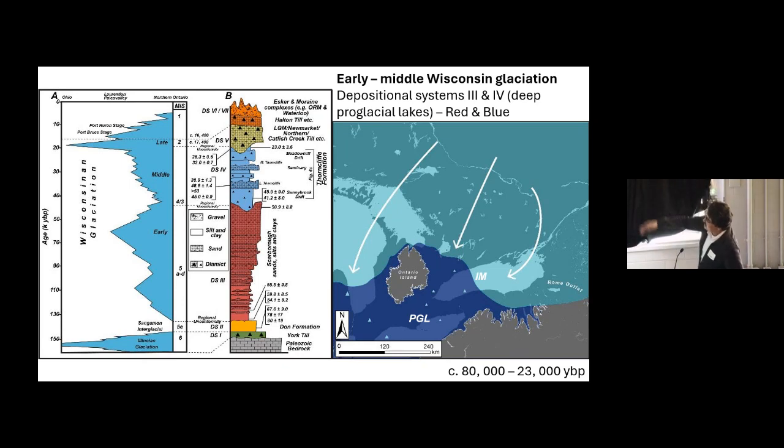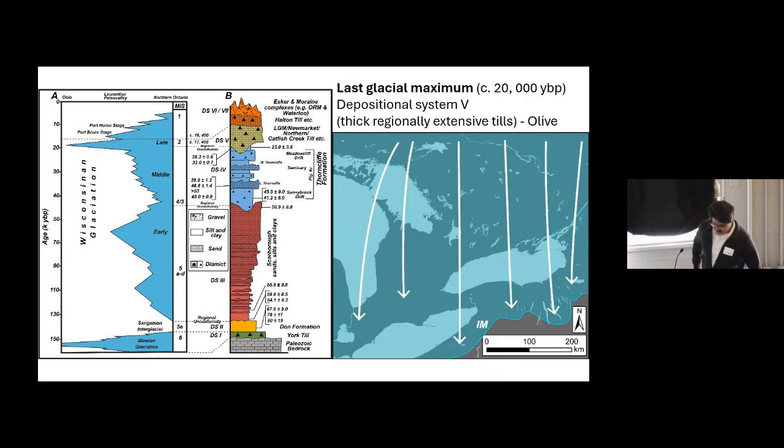On the right-hand side is a schematic diagram of what that ice might have looked like, where it might have been. It would have been blocking the St. Lawrence, and it would have had a huge proglacial lake where these sediments would have been deposited. Moving on, we arrive at the last glacial maximum, about 20,000 years ago.